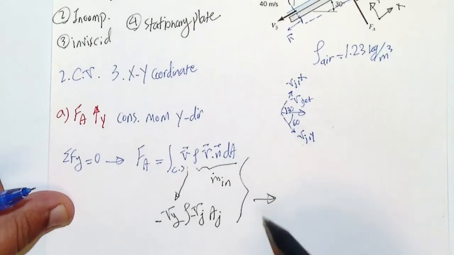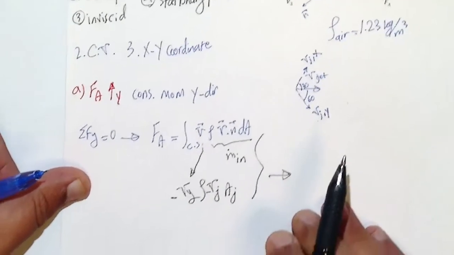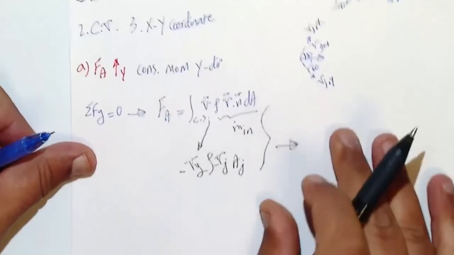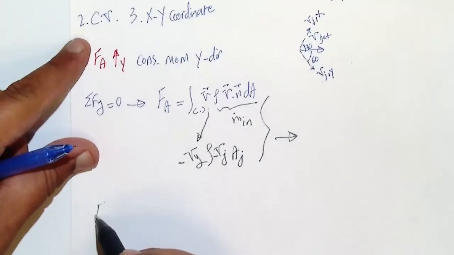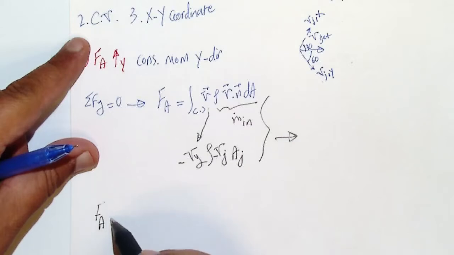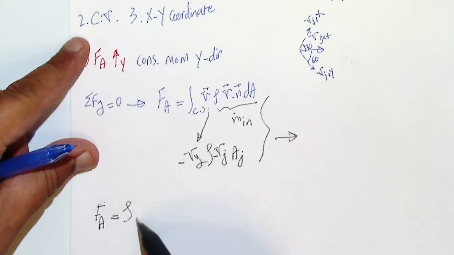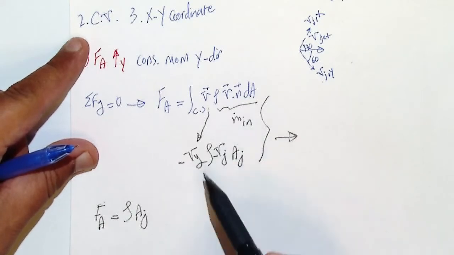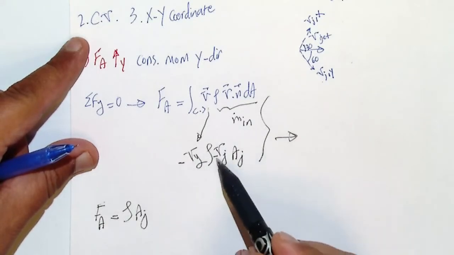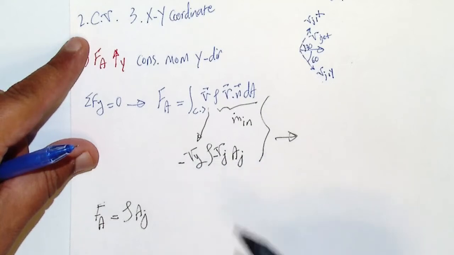Okay, so if I write it again, Fy or Fa is equal to rho Aj, and instead of Vy I can replace it by Vj cosine of theta, and the negative signs are going to cancel each other out.